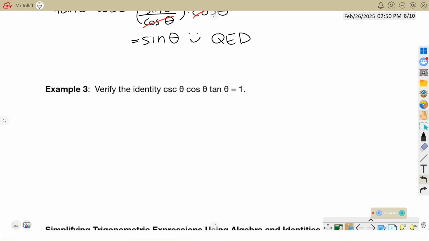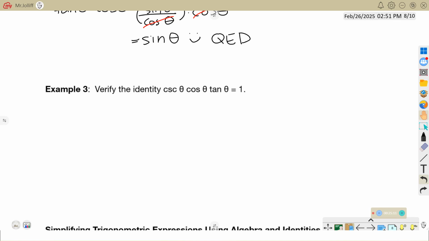Sine and cos were the original two we learned about. But these two have fraction identities. Cosecant is 1 over what? It's sine. Tangent is what over what? Sine over cosine. So replace these guys with their fractions and see what reduces.